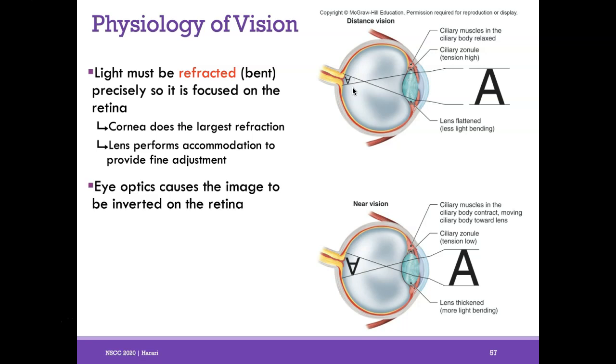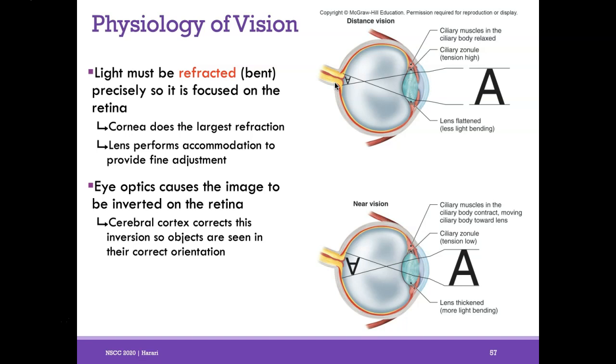And eye optics cause the image to be inverted on the retina, just like a mirror. So even though the A is upright, it gets focused as an inverted A on the optic nerve. And what happens is the cerebral cortex corrects this inversion. So it's an illusion, really. So we're seeing them in their correct orientation.